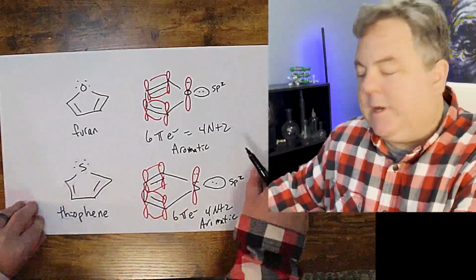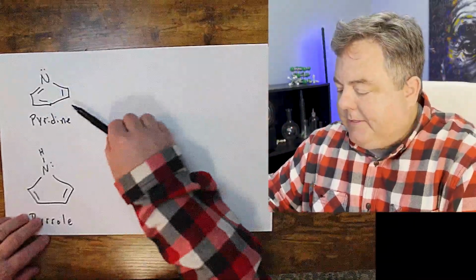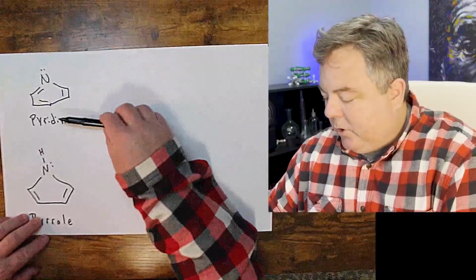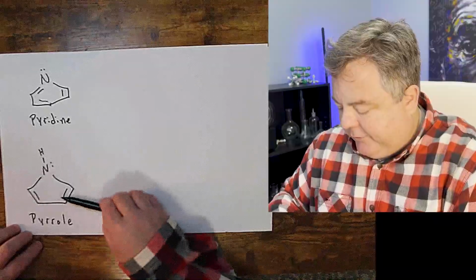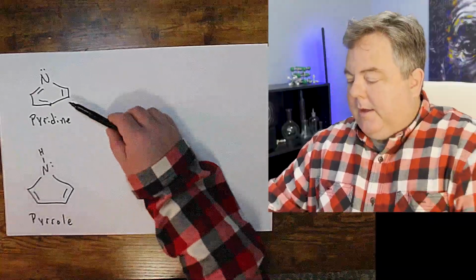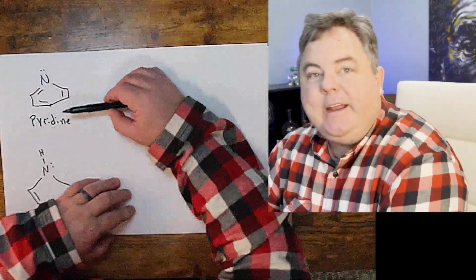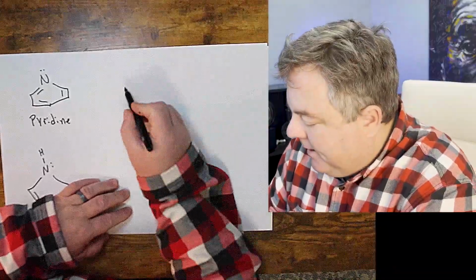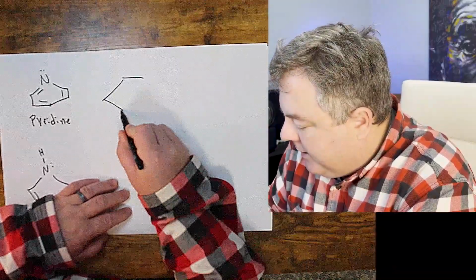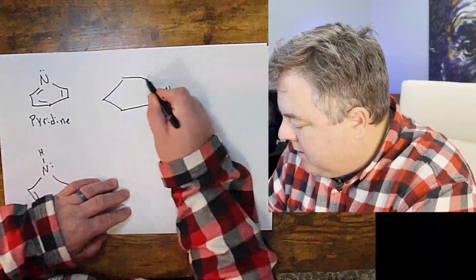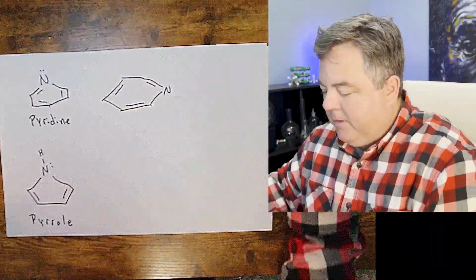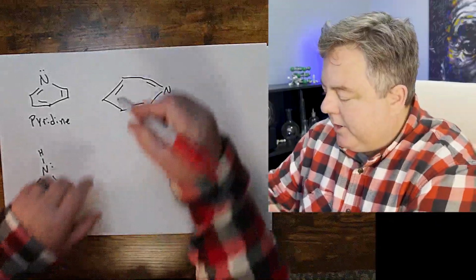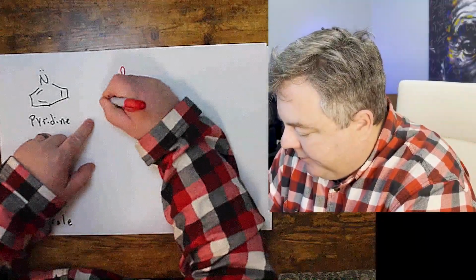Let's look at some nitrogen compounds. This nitrogen ring with some double bonds in it is called pyridine. And this nitrogen 5-membered ring with an NH and 2 double bonds is called pyrrole. So let's look at pyridine and look at its pi system. I'm going to draw pyridine on its side. So we have a pi bond, and a pi bond. Let's draw in our p orbitals for our pi bonds first.